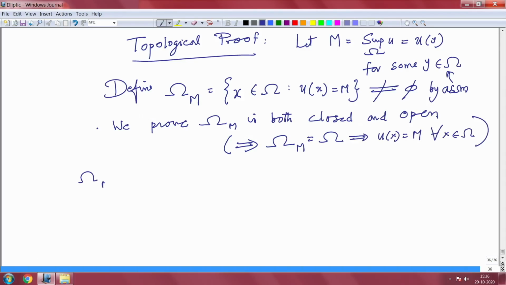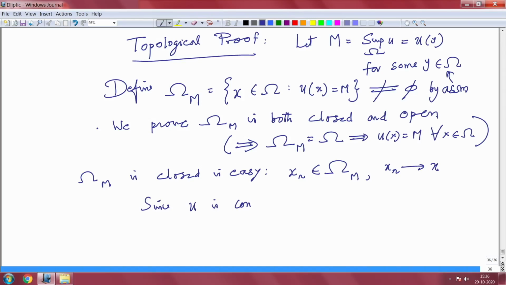So we will prove first that omega m is closed. You choose x_n in omega m, and x_n converges to x. But u is continuous. Since x_n is in omega m, m is equal to u of x_n, and by continuity u of x_n converges to u of x.